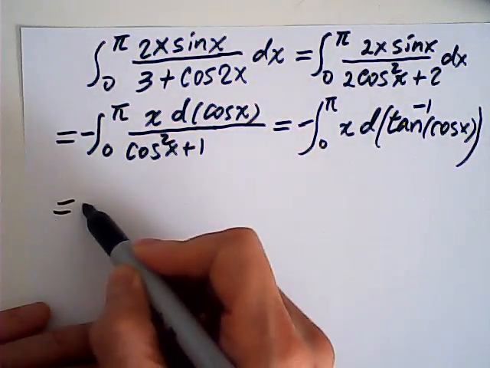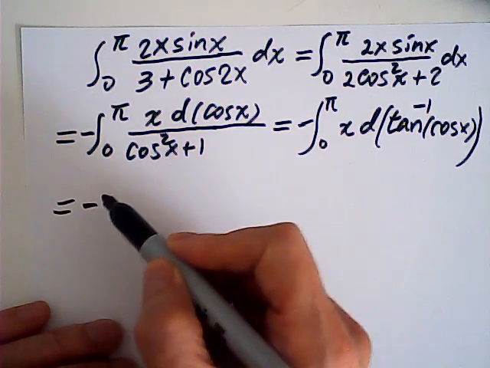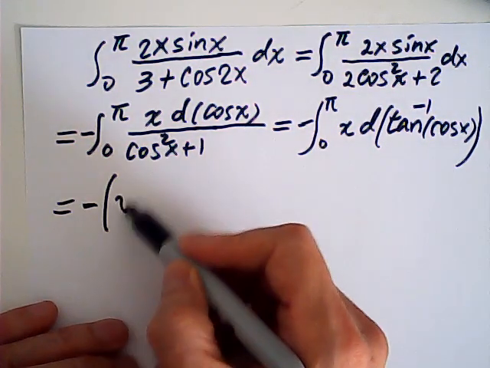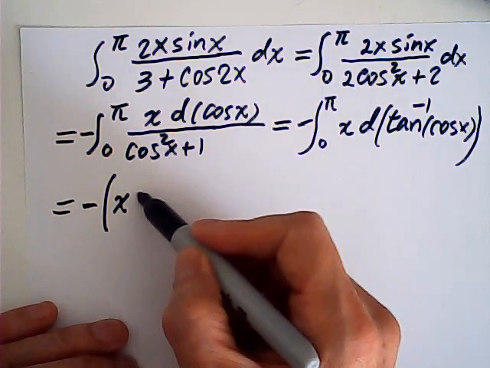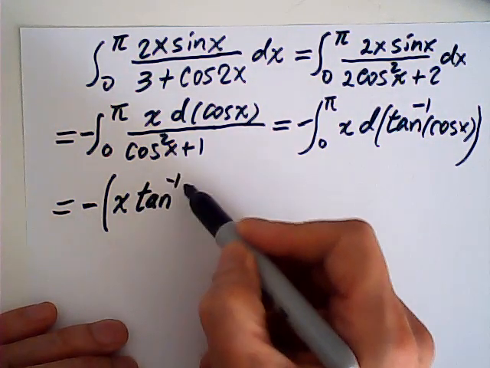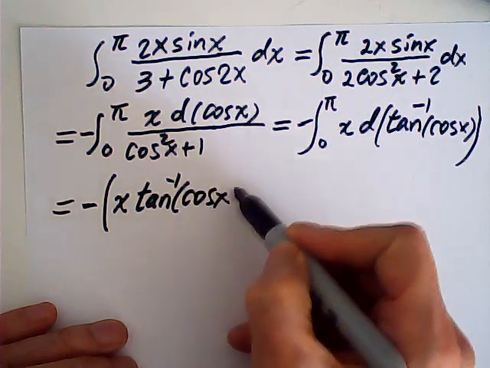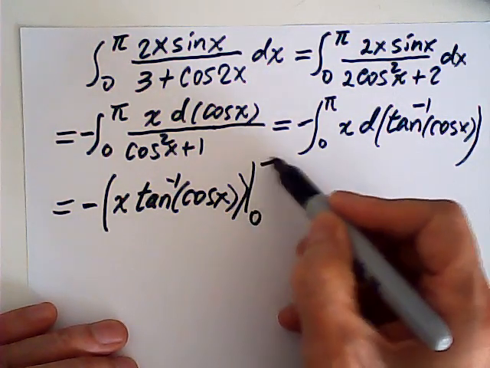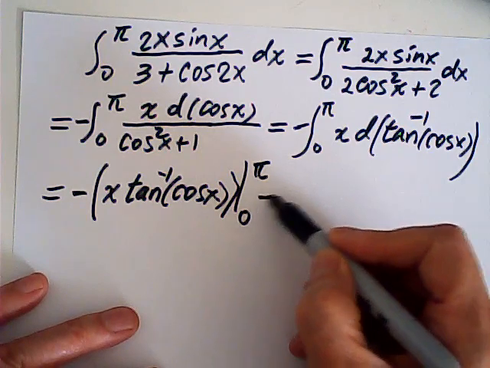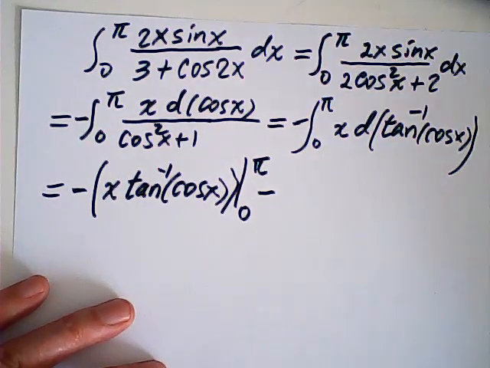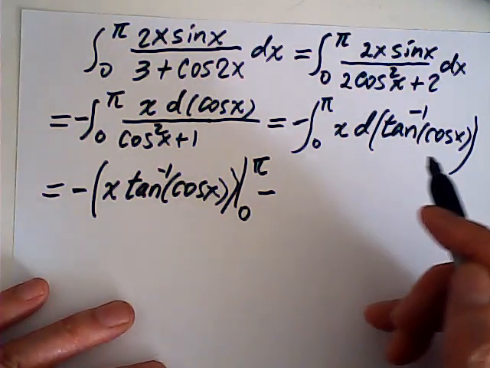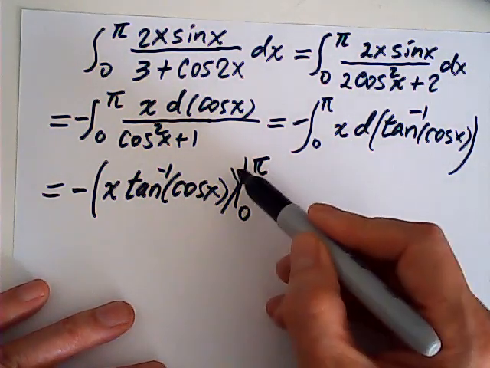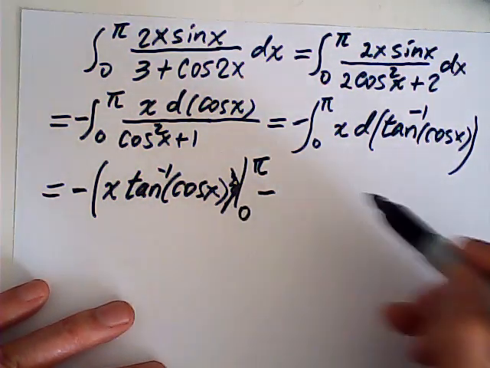So this is equal to negative bracket uv. This is my u, this is my v, arctangent cosine x, right? From 0 to pi minus integral v du. Too many brackets, this is not there, okay.